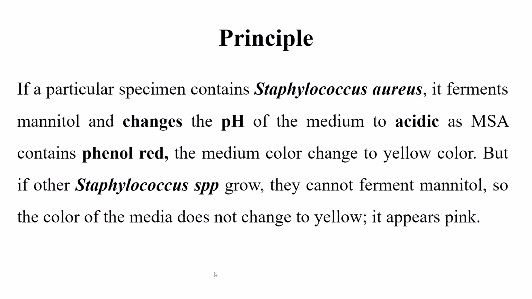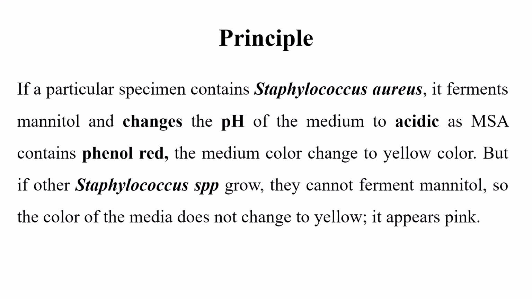The principle of this media: if a particular specimen contains Staphylococcus aureus, it will ferment the mannitol and change the color of the media from its natural orange-red color to yellow as a result of acid production from the mannitol.